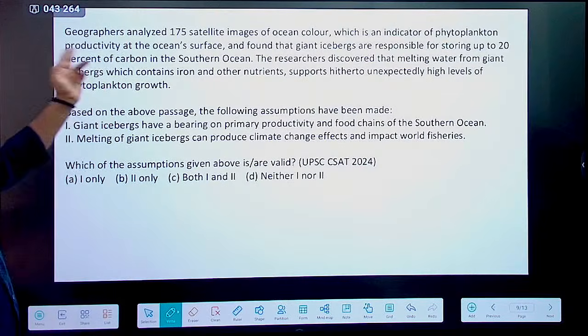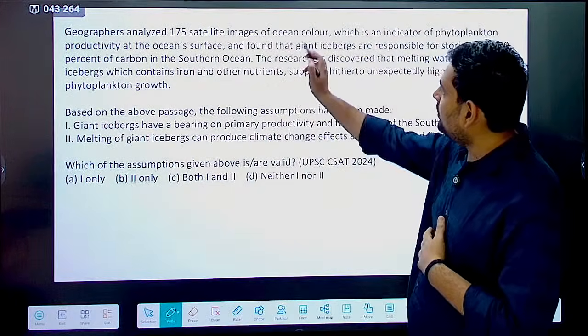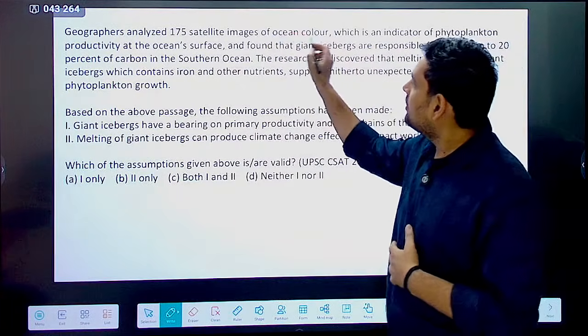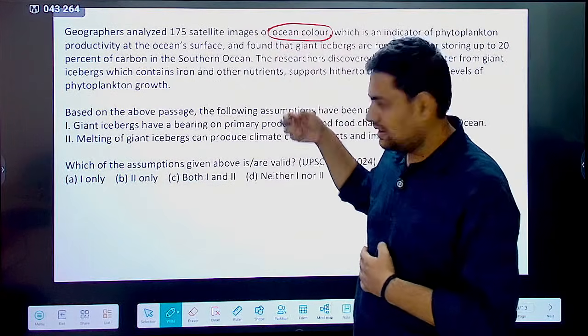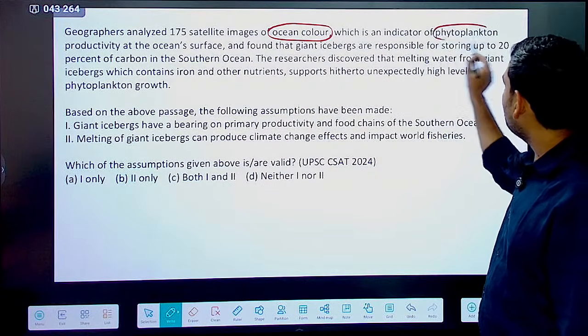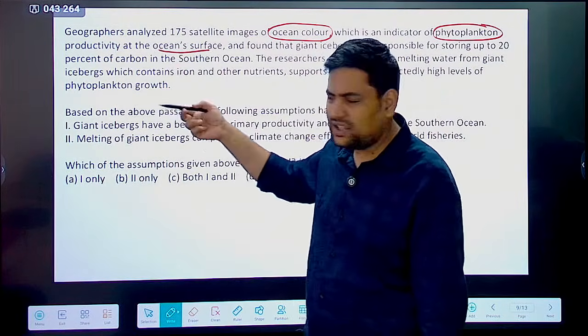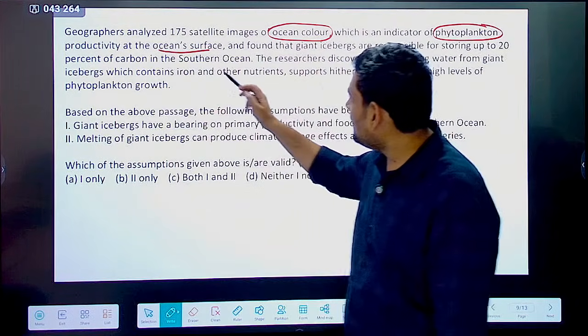It says geographers analyzed 175 satellite images of ocean color. Okay, so this is ocean color analysis, which is an indicator of phytoplankton productivity at the ocean's surface. Fine. So this is why they analyzed the ocean colors.